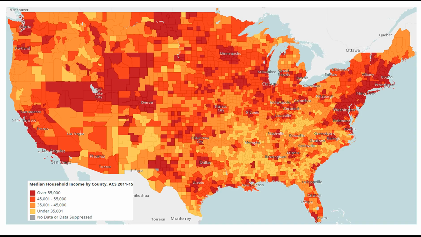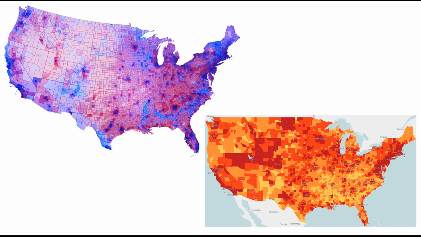Here we have median household income by county. Deep red has a higher median household income, and the lighter yellow has a lower median household income. Is there any kind of correlation with that?